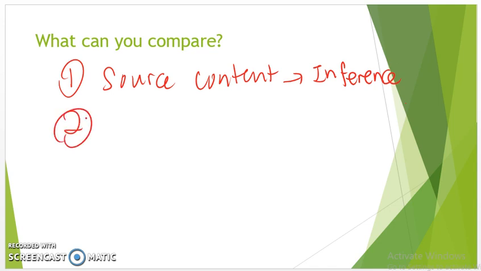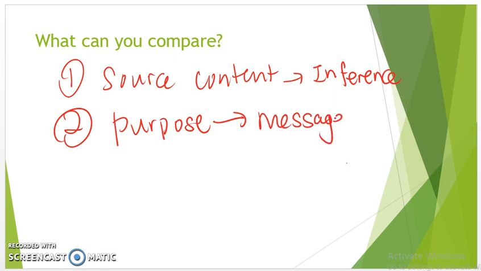Okay, number two, you can compare the purpose. In order for the two sources to have a similar purpose, you should have the same message, the same audience, and the same outcome.